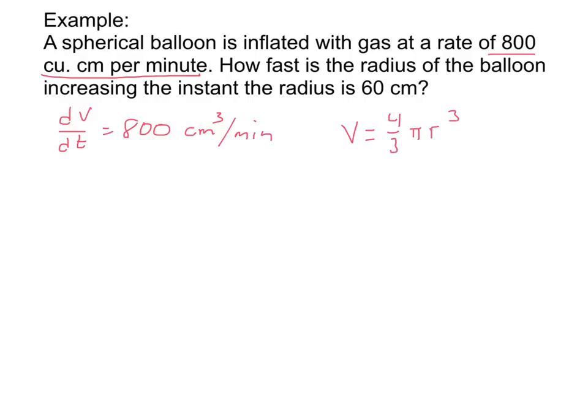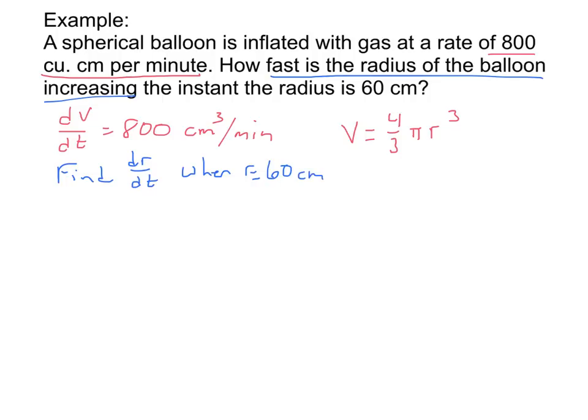And what they want to know is how fast the radius of the balloon is increasing. So I want to find dr/dt, and I want to do that when r equals 60 centimeters.